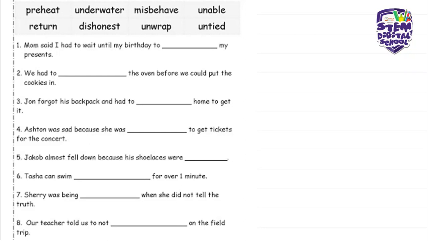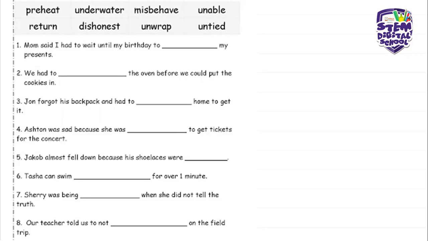Okay. This one is the last exercise here. I want to quickly tell you something about a prefix and a suffix. Like I said previously, there are words that you can use a prefix and a suffix both with. But please remember that if a word cannot stand on its own, if you take away the prefix, then it's not a prefix, because the other word is not a root word.